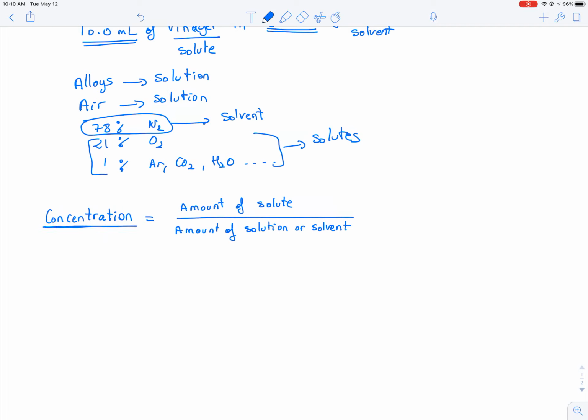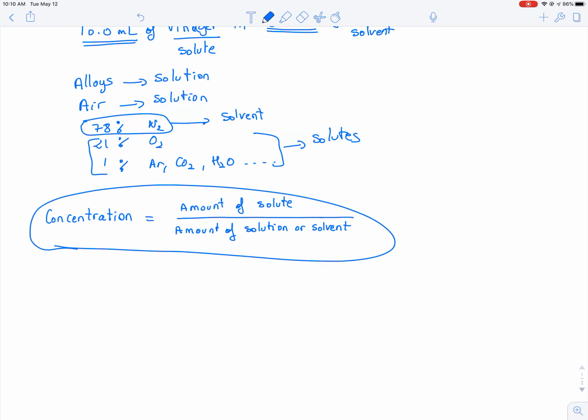This is the general definition of what a concentration is, but there are many types of concentration. We can have a percent by mass, percent by volume, percent by mass over volume. We can have ppt, ppm, that's parts per million, parts per trillion, parts per billion. We can have molarity, molality. There are a lot of different types of concentrations, and each one of them follows this very same general definition, but it's being more specific.